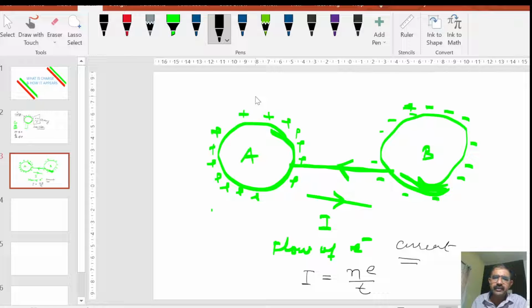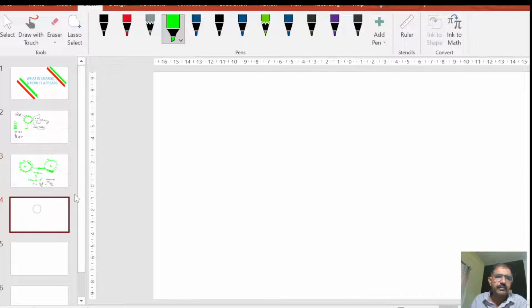So what is this ne? That is basically charge. So I can indirectly say Q by t. So this Q is basically charge. Number of electrons appearing over a surface, that is the amount of charge. Once again I will take some example.